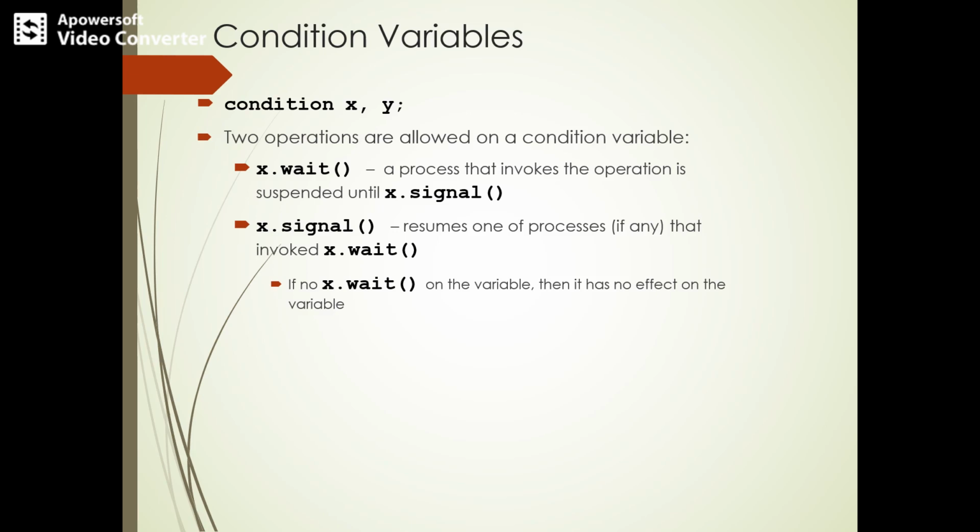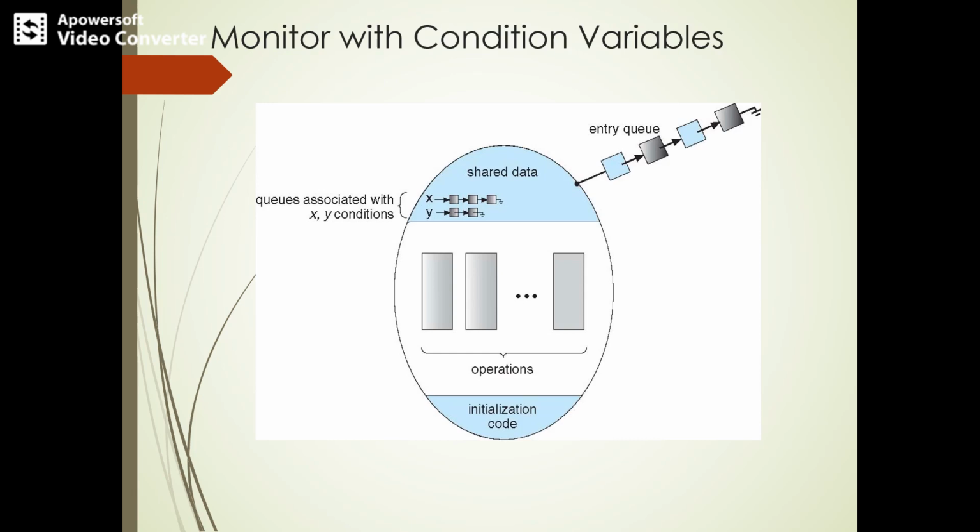So now suppose that the x dot signal operation is invoked by a process P. Then there is a suspended process Q associated with condition X. Clearly, if the suspended process Q is allowed to resume, then the signaling process P must wait.